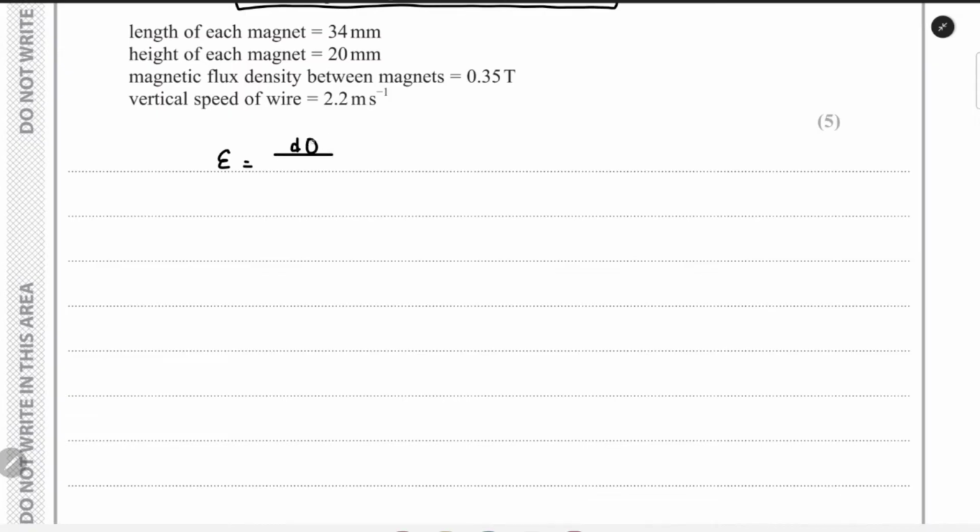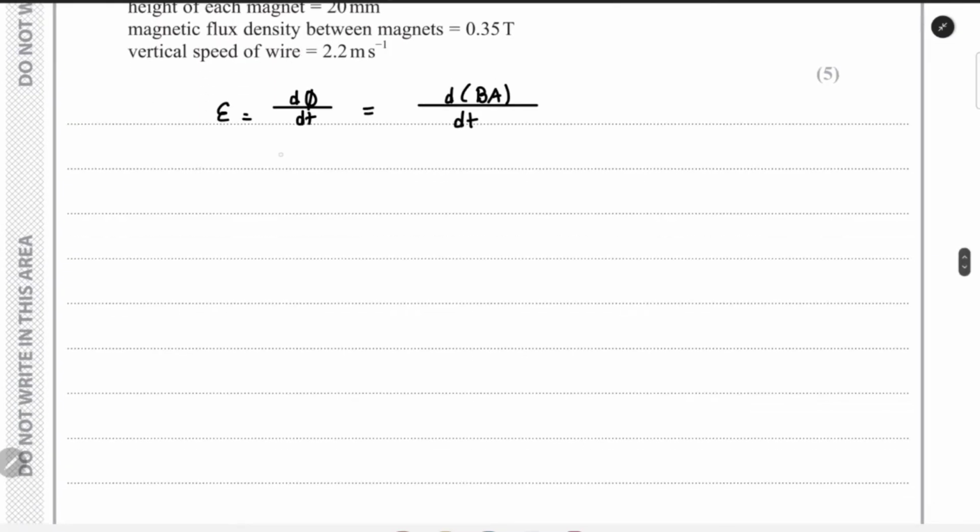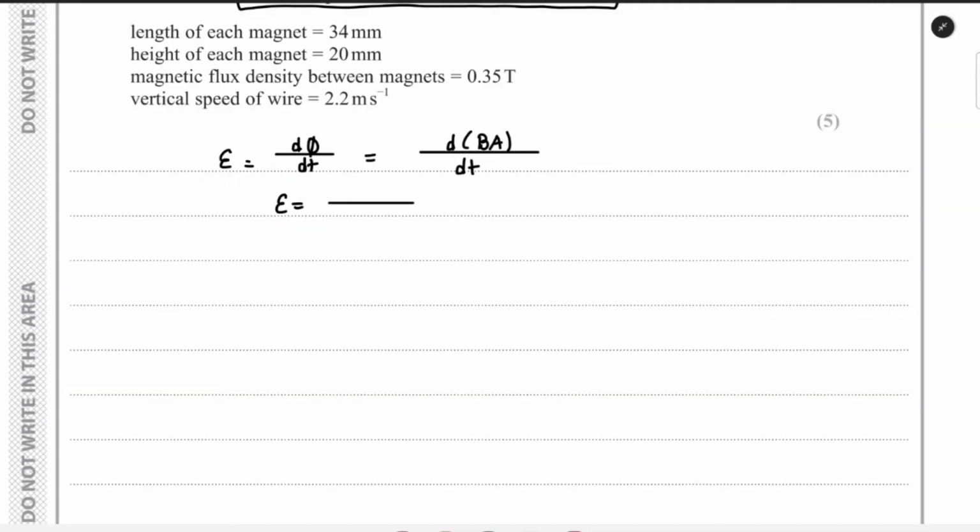dΦ/dt. So this is equal to d(NBA)/dt. Here the value of N is 1, so we have d(BA)/dt. Now the EMF is, B is a constant, so I'll write it outside. So we have B times dA.